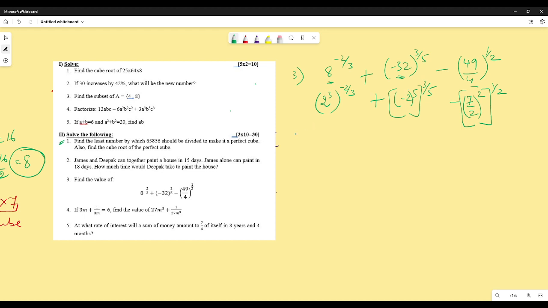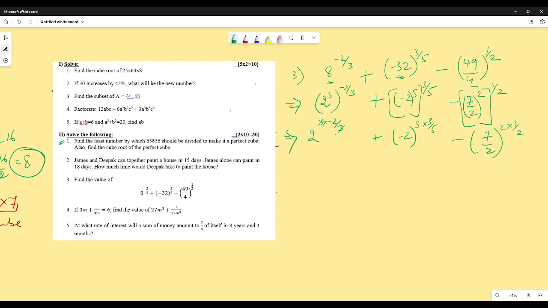So you take 2 into 3 into minus 2 by 3 as the power of 2, plus minus 2, 5 into 3 by 5, minus 7 by 2 into 2 into 1 by 2. So this is what the next step would look like, right? I have intentionally given enough space between them so that you can see the operations carefully.